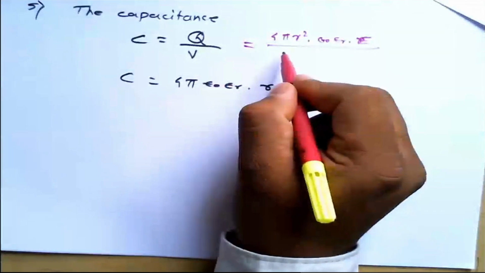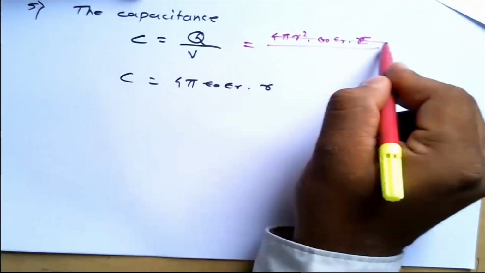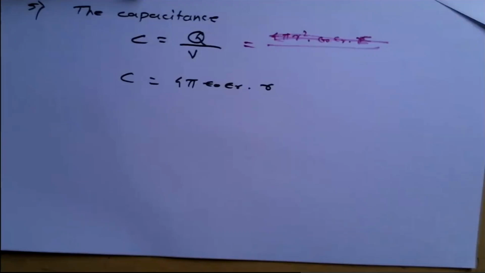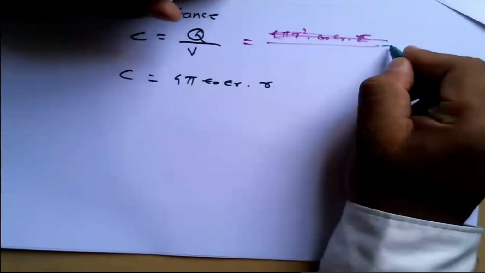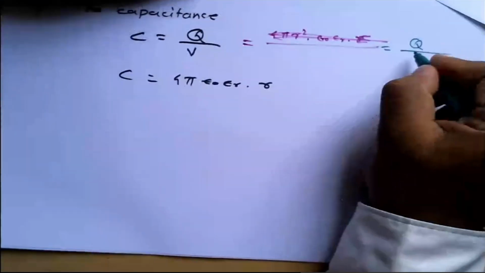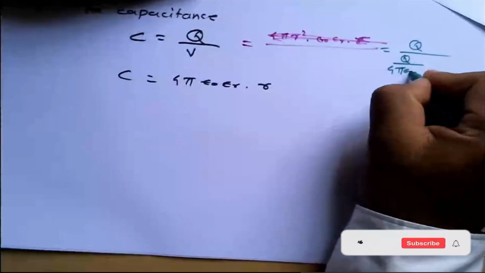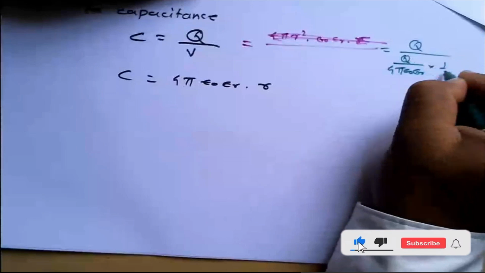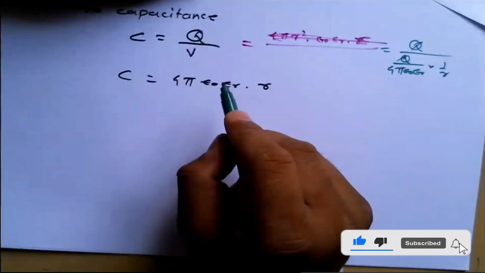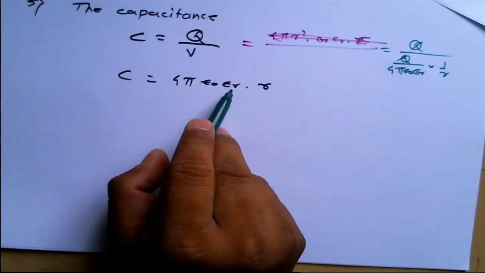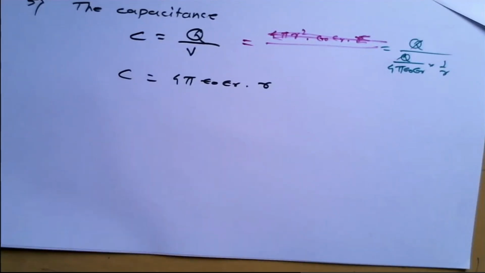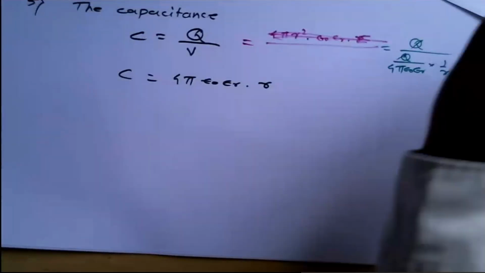V is equal to Q upon 4 pi epsilon 0 epsilon r into 1 upon r. So this Q will get cancelled, and finally you will get C equal to 4 pi epsilon 0 epsilon r into small r. So these are the properties of the field of a point charge.